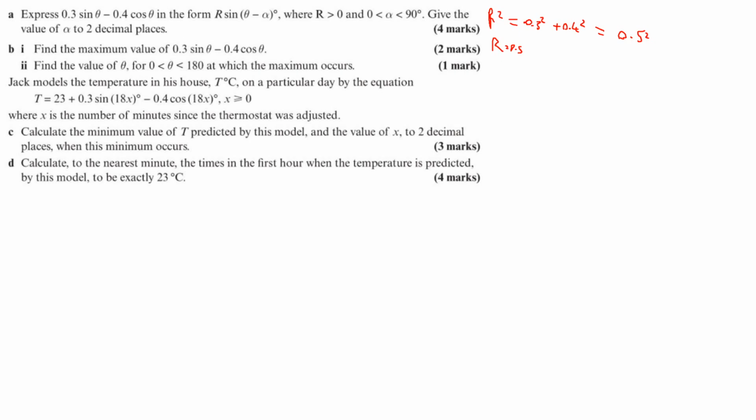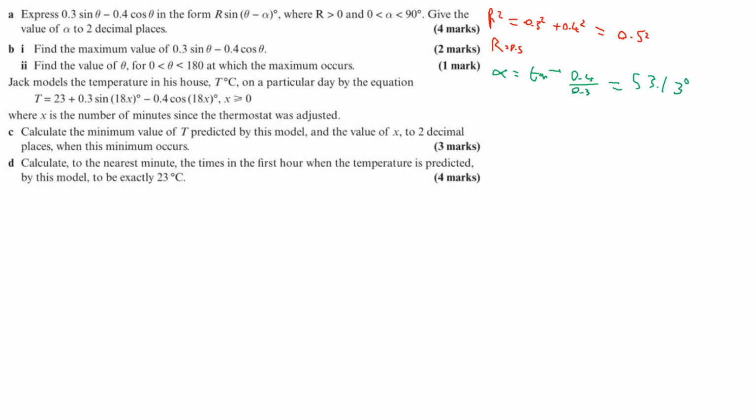Now, two ways of working out what alpha is. Alpha is just going to be inverse tan of cos over sine, which is 0.4 over 0.3, which is equal to, and you can plug this one into your calculators, 53.13 degrees.